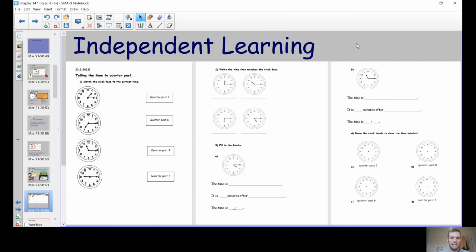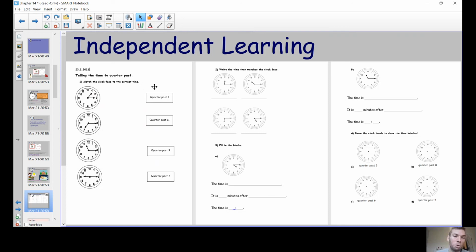Okay, your workbook pages today look a bit like this. We first of all need to do some matching. We've got times like 1:15 written up here, and we've got our clock faces over here, and you need to look at the hour, 1 in this one, 11, 9, 7, and remember we are thinking about quarter past.